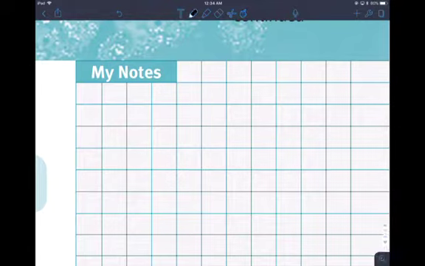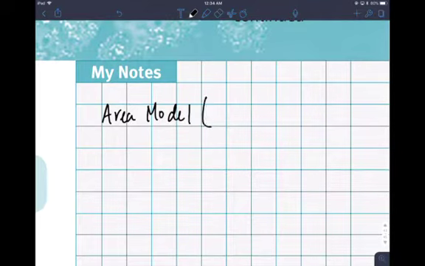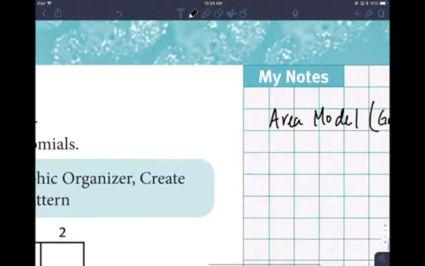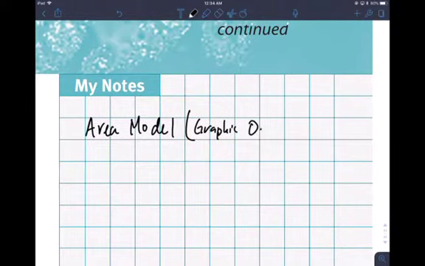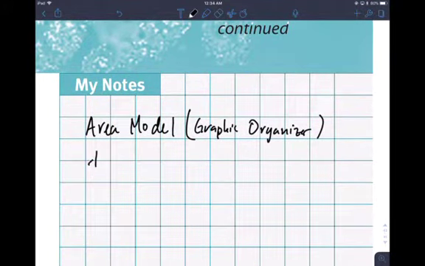The book calls it graphic organizer, but it means the same thing, to multiply polynomials.